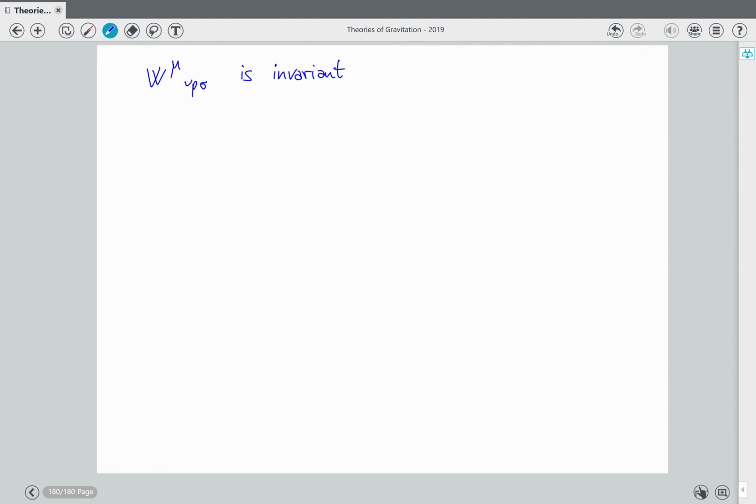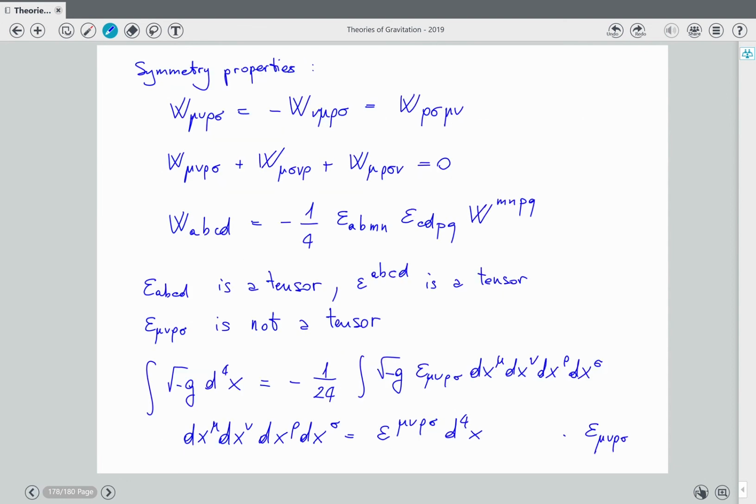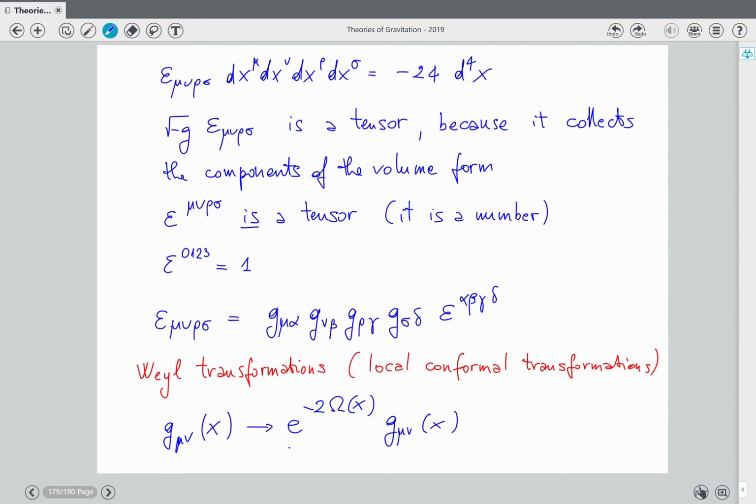Again, it's not the same because the difference between this one and the one with all 4 indices down is a metric, and the metric is not invariant. So the Weyl tensor written here is not invariant. It will transform, however, in a nice way, very similar to the metric.